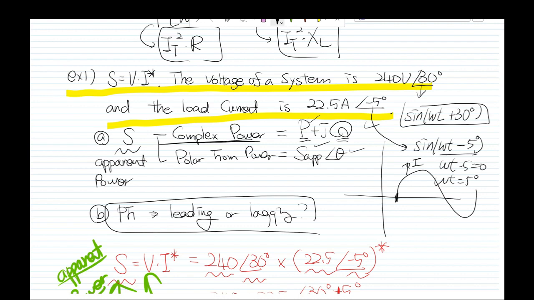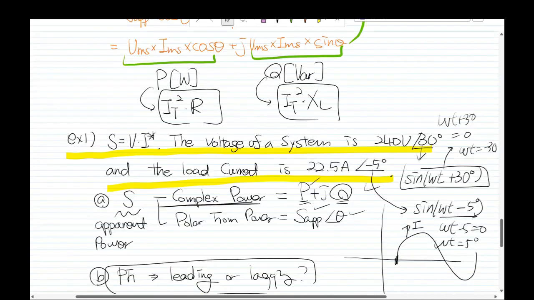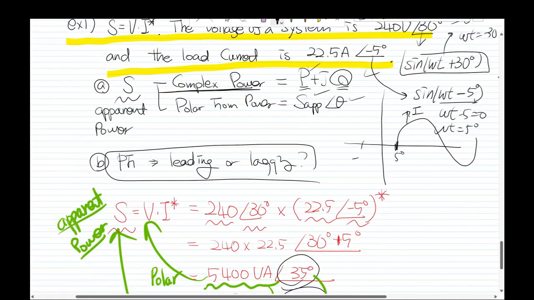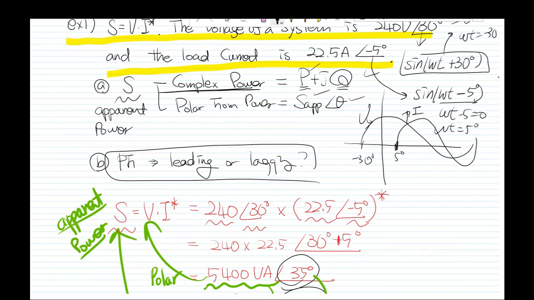Omega t plus 30 is equal to 0, and omega t minus 5 is 0. So it is 5 minus 30 degrees right there, for V here. For the power factor, it's a really special case.